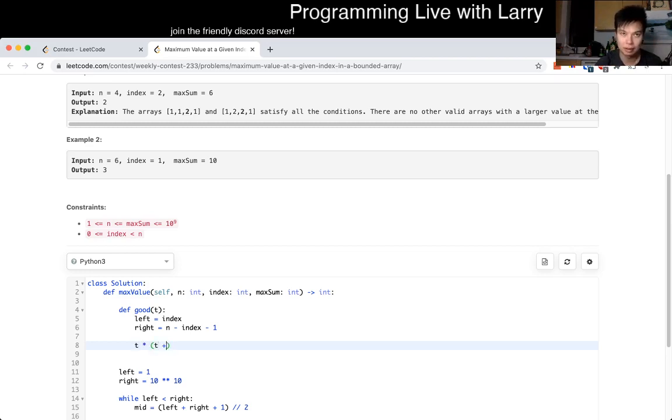I always forget which one it is. 5 times, no, it's -1. Let's just add a function.